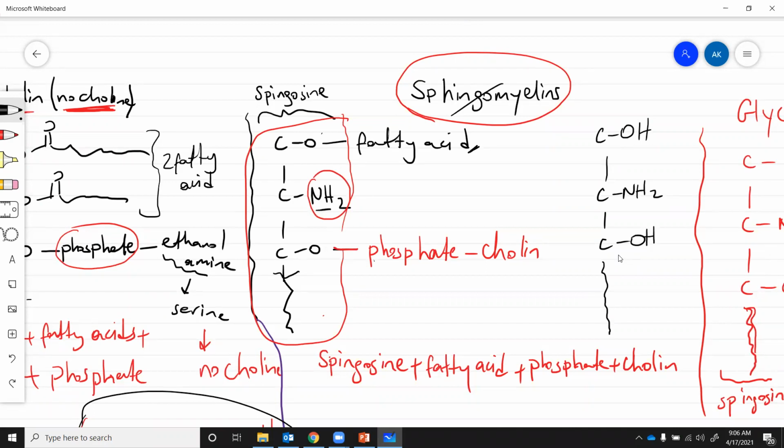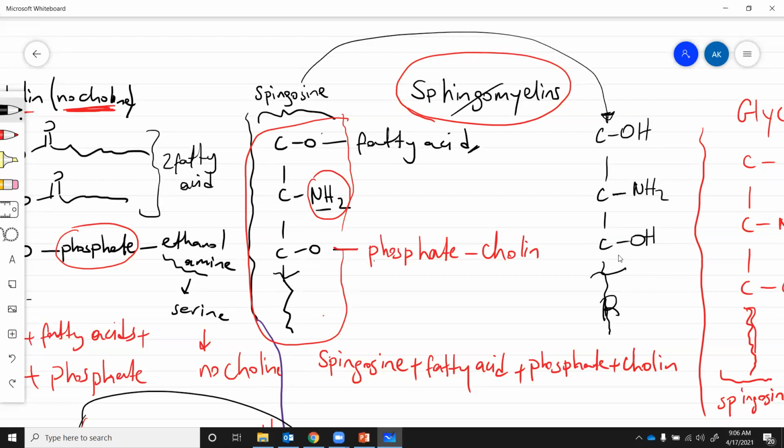As you can see, this is not glycerin anymore. In the glycerin, we have 3 OH attached like that. But in the sphingosine, we have an amine here, and there is a huge R group here. We are not drawing it, but you can get the idea. So this is the sphingosine backbone.